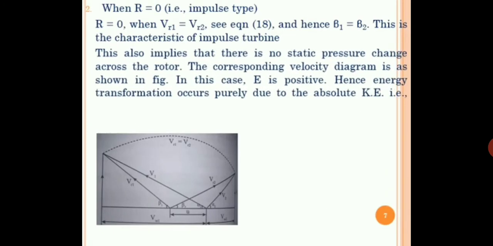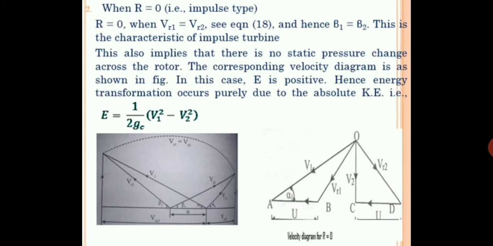This also implies that there is no static pressure change across the rotor. The corresponding velocity diagram is shown in the figure. In this case, the energy transfer is positive. Hence, the energy transformation occurs purely due to the absolute kinetic energy, given by the expression energy transfer equals 1 by 2 Gc times V1 square minus V2 square. This is one more velocity triangle for the given condition.